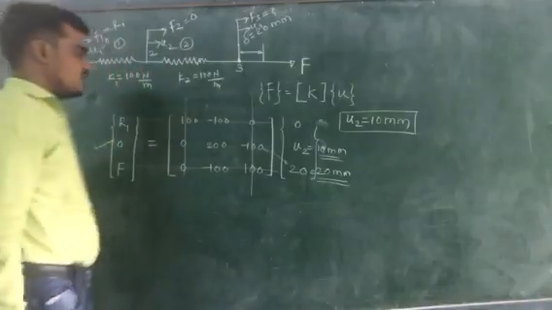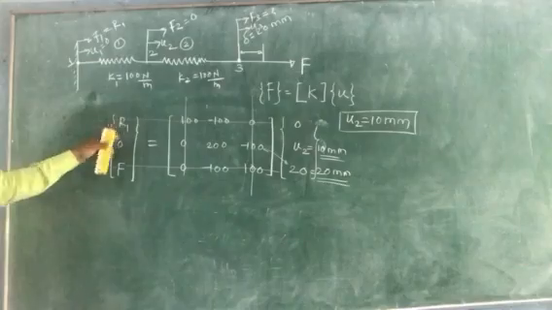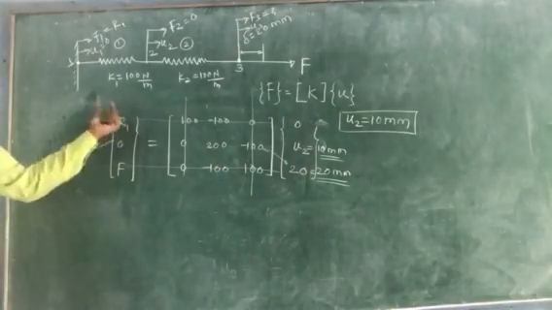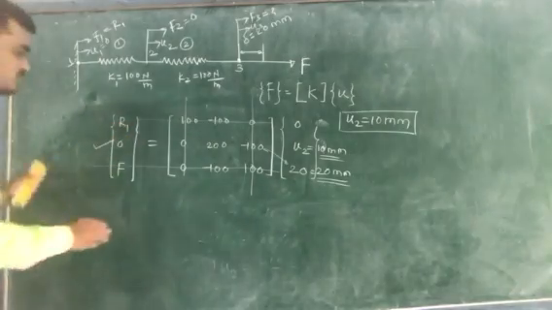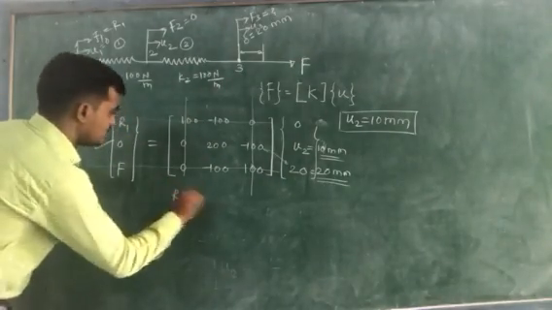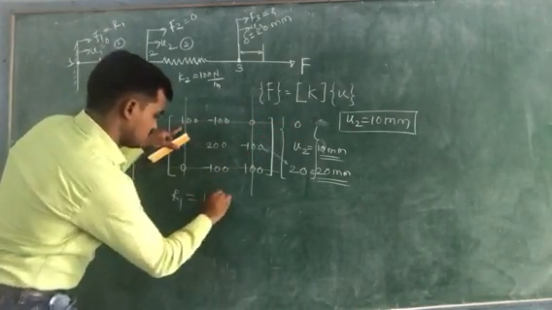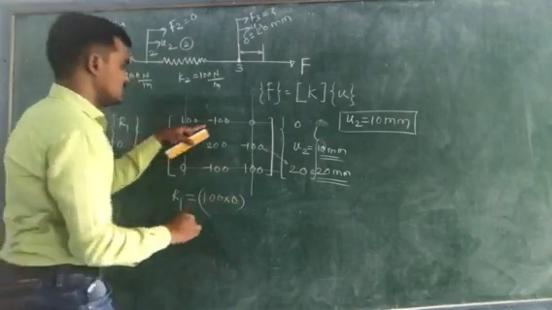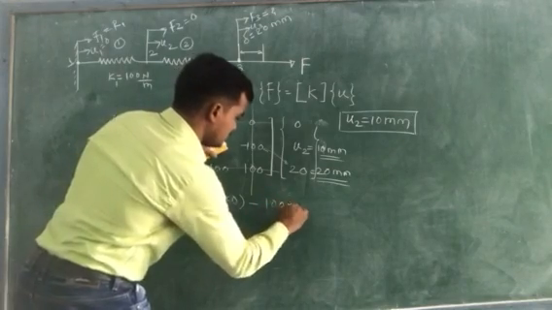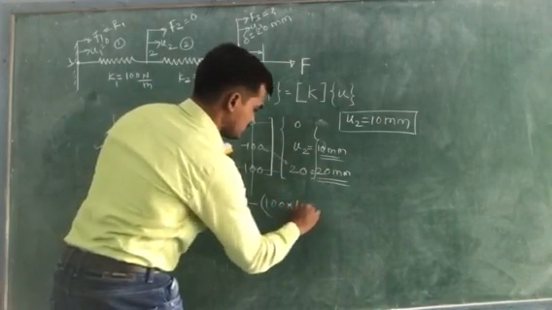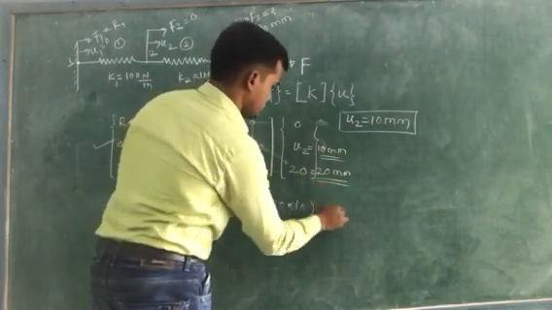Now we need to find out R1. To find R1, this can be calculated by using the first equation. The first equation is R1 is equal to 100 into 0, minus 100 times U2, where U2 is nothing but 10, plus 0 times this 20, which is 0.